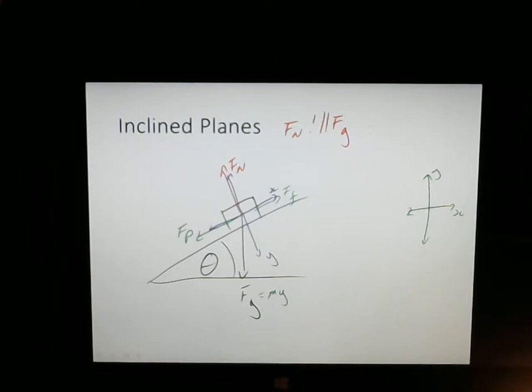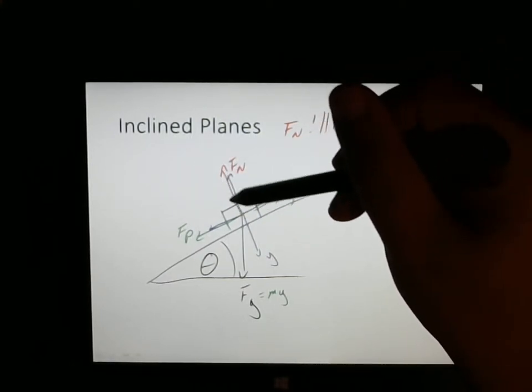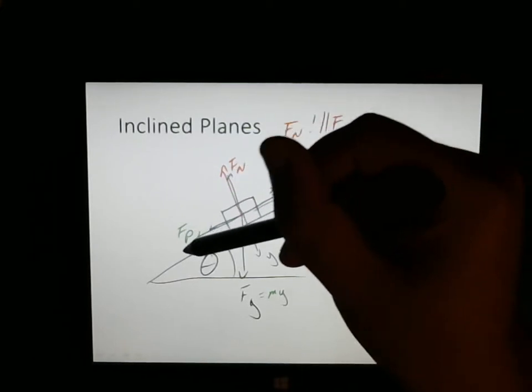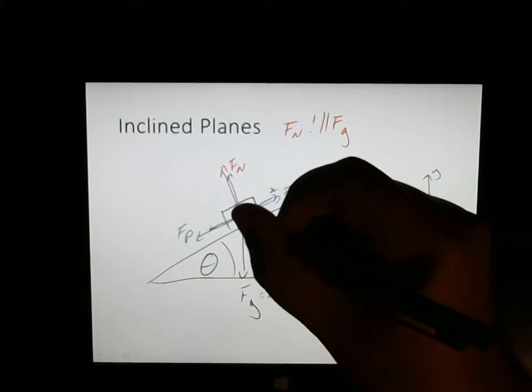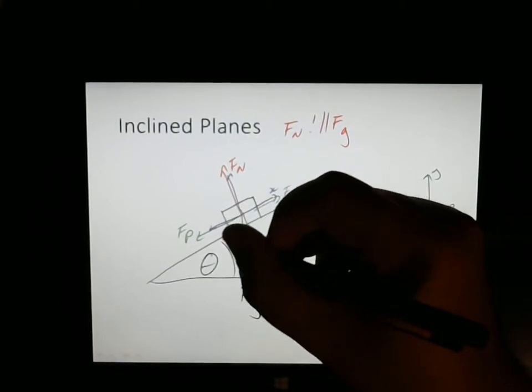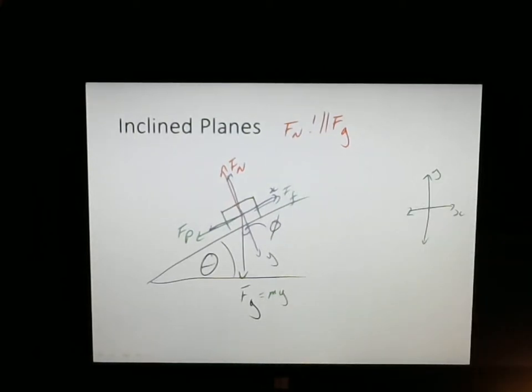What's really interesting about this is by doing this, our normal force is now just straight up y, our pulling force here is just straight down x, and our force of gravity becomes something that is pointing off at an angle away from my y-axis.